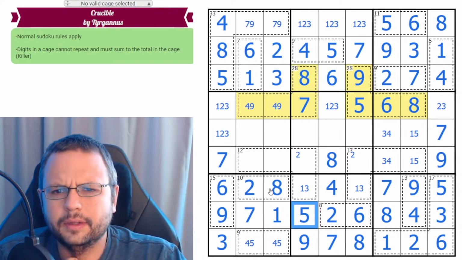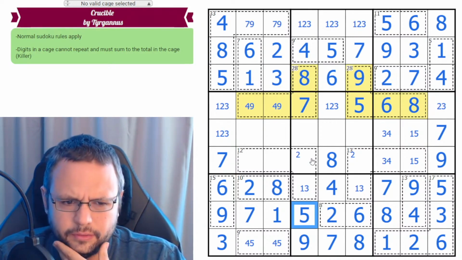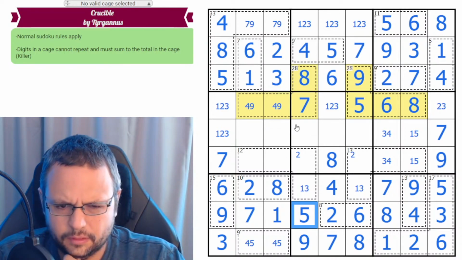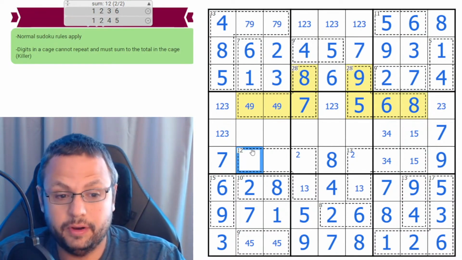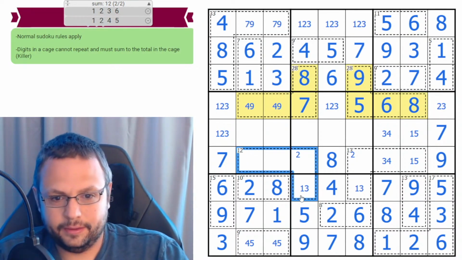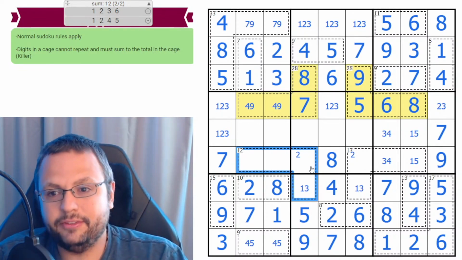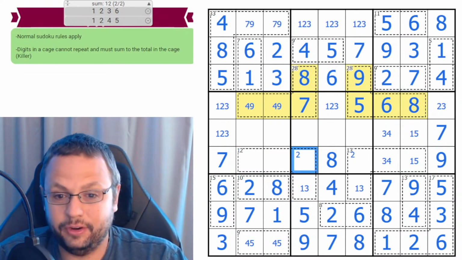Let's see. Oh, the 12 cage always has a 2. Never mind. The 12 cage always has a 2. And so, the 12 cage needs a 2, you can see by looking at this. And so, that 2 has to go here.